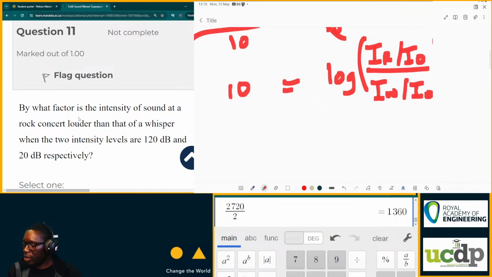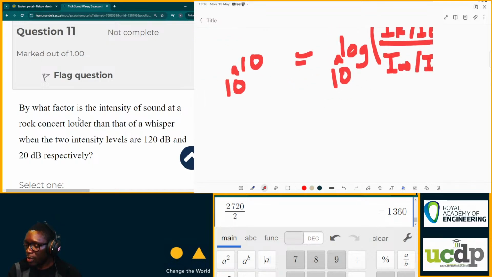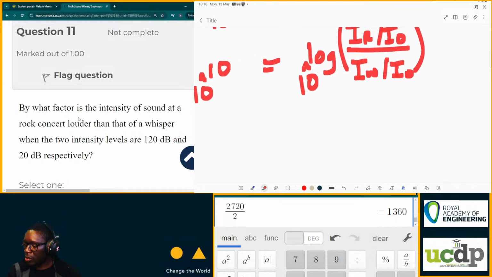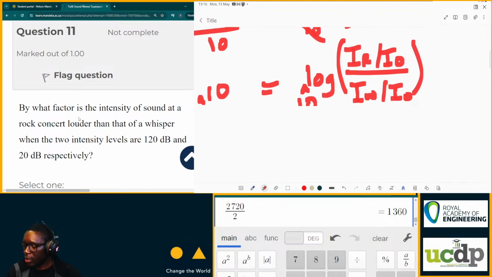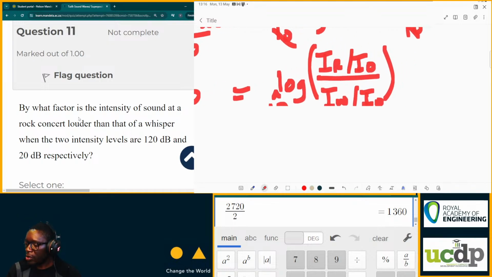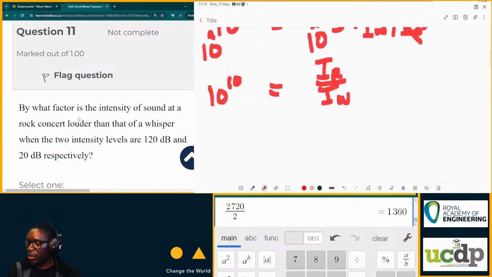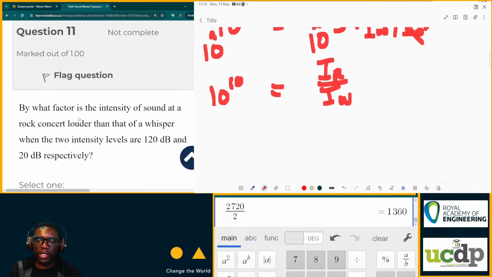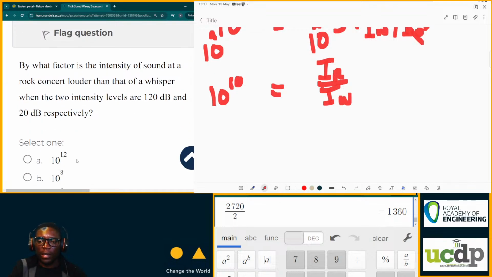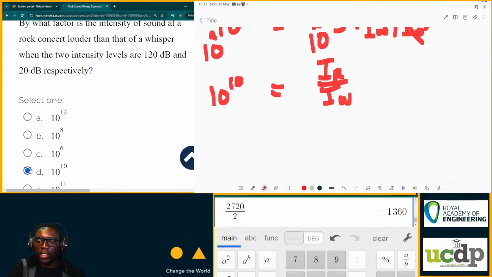So to eliminate the log, we have to raise everything to the power of 10. So 10 to the that and 10 to the that. Then 10 to the 10 is equal to what remains inside there, IR over IW. So that ratio is simply 10 to the 10. And this is what we see in D.